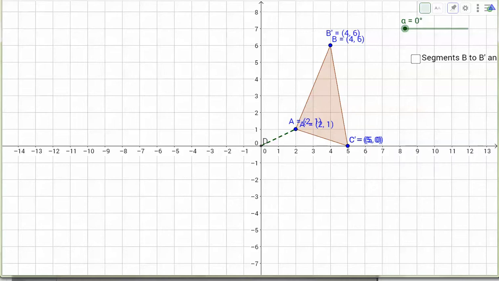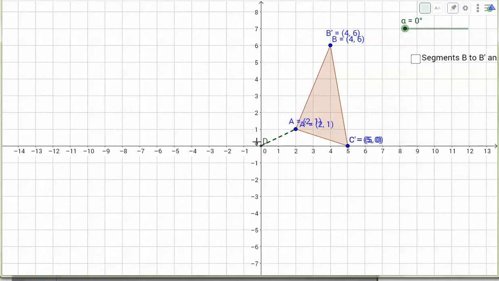That's important because we want to see the patterns in the points. Right now this is at 0 degrees, so I have a rotation on top of the original, which is why you see these doubling of the points. It's basically the same triangle on top of itself. So a 0 degree rotation doesn't go anywhere.